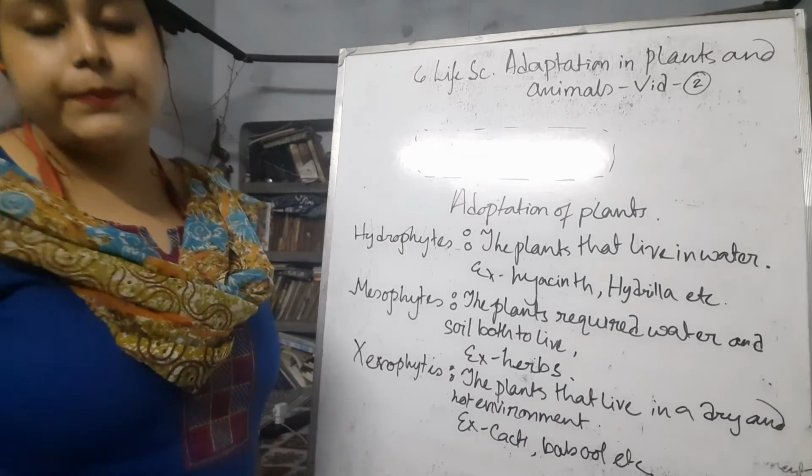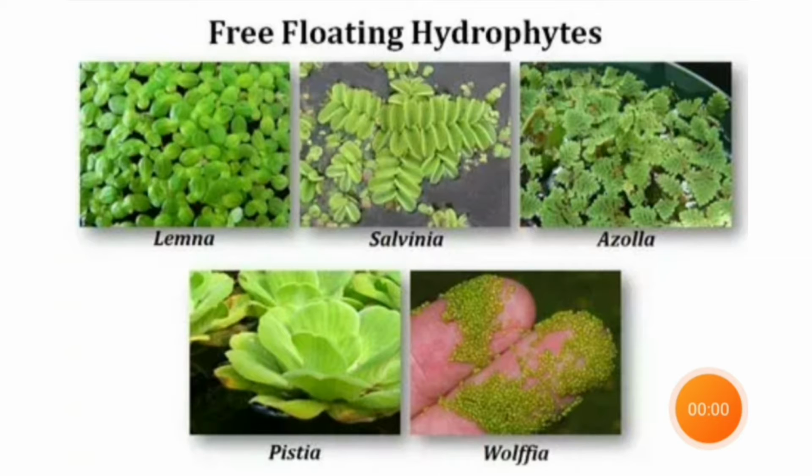So let's check. Now we are going to talk about the adaptations of the hydrophytes, mainly the aquatic plants. Hydrophytes are of the following four types: free-floating, rooted and floating, submerged and rooted, and submerged and floating. The first one is free-floating hydrophytes.